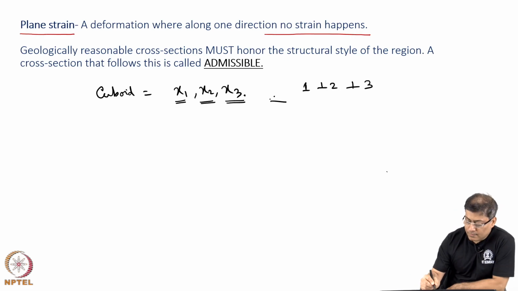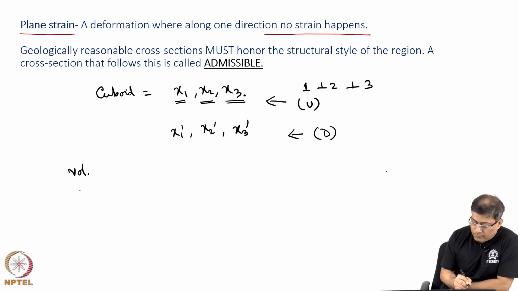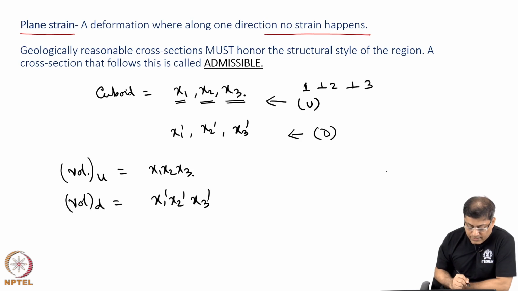This is the undeformed condition. Suppose after deformation it still remains a cuboid and the lengths are x1 dash, x2 dash and x3 dash. Then the volume in the undeformed state is given by x1, x2, x3 and the volume in the deformed state is given by x1 dash, x2 dash, x3 dash.